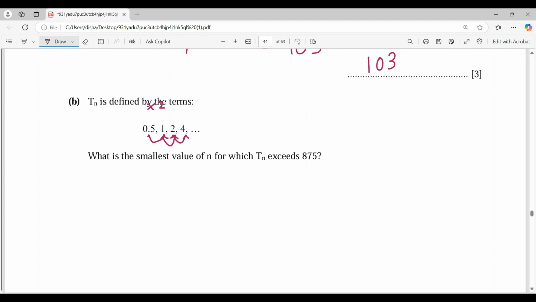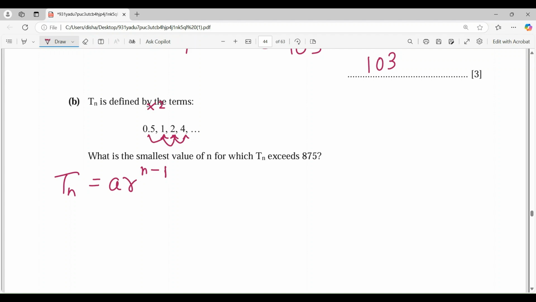And the formula for the term of a GP is Tn equals a times r raised to n minus 1, where r is the multiplicative value, the value which you are multiplying or dividing by to get the next number.